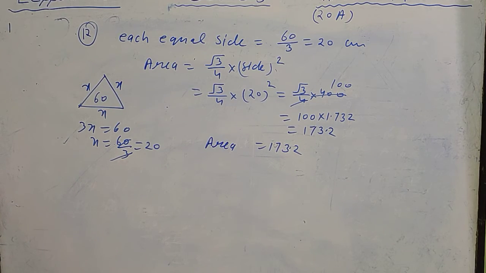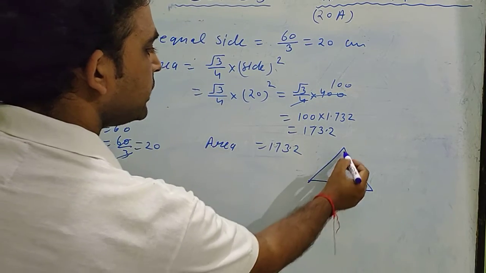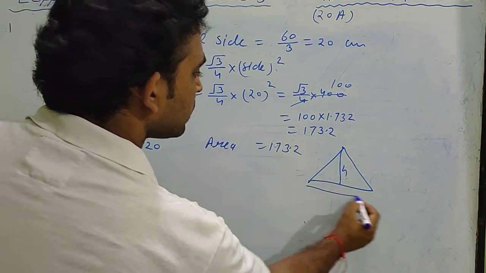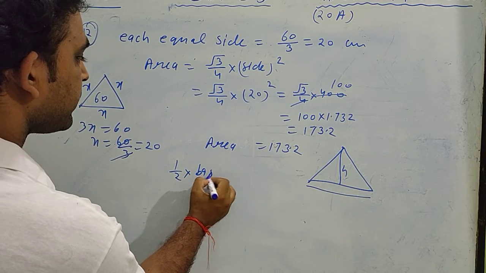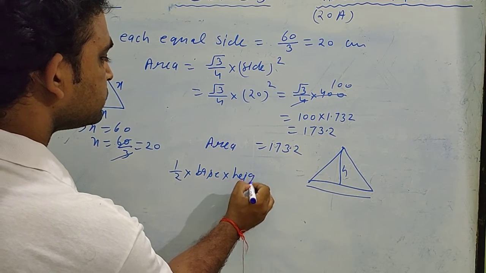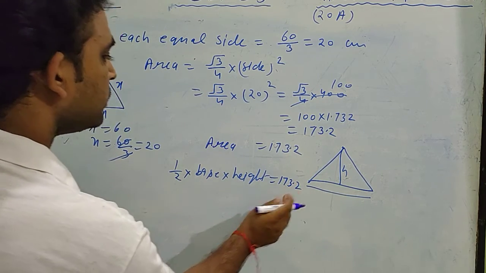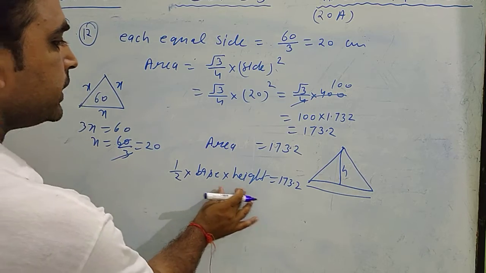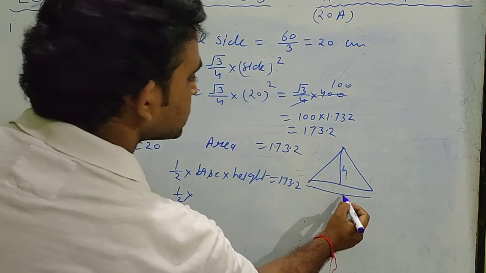Now you have to find the height. So the formula is area is equal to 1 by 2 base into height, and the area is 173.2. So 1 by 2 base, that is 20.